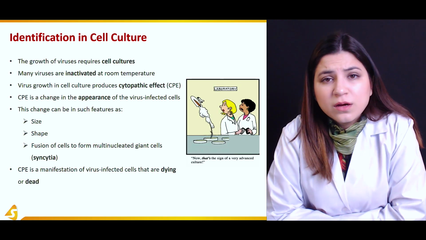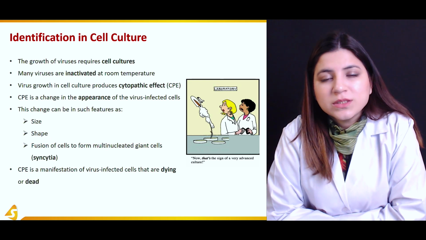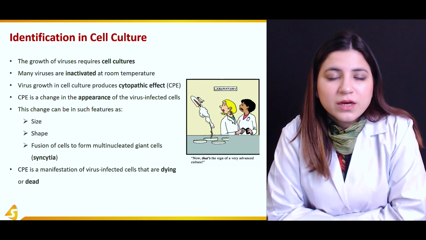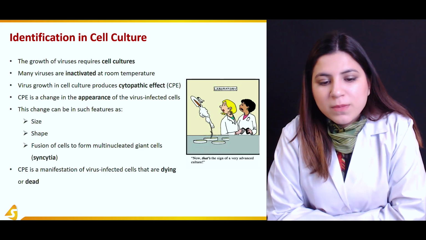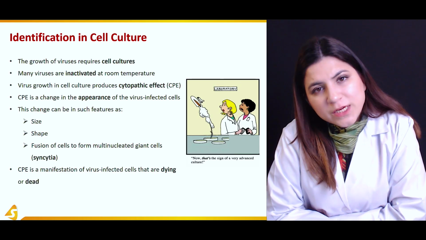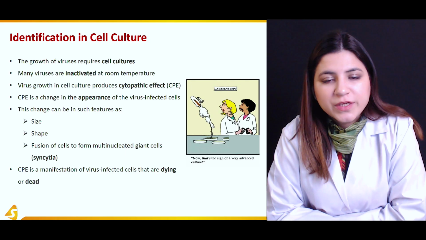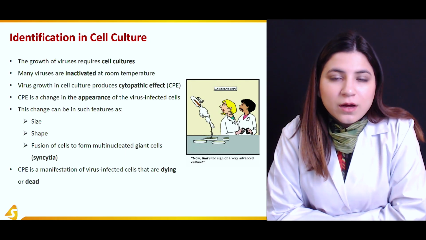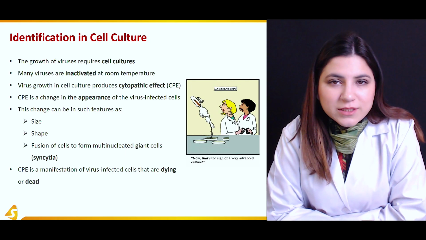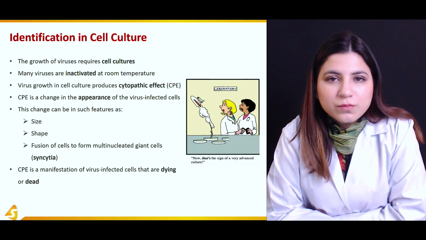The easiest virus to detect through the cell culture technique is actually a bacteriophage, because as we know, phages are the viruses that infect the bacterial cell, and bacterial cells are one of the easiest cell cultures to grow.